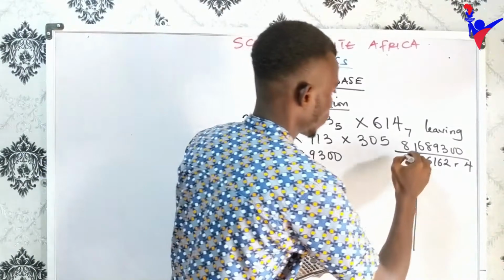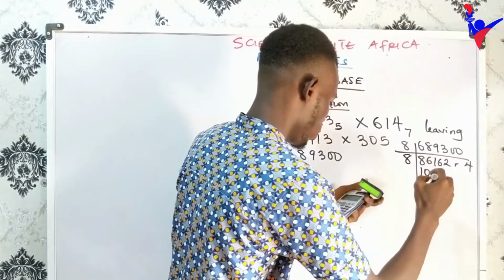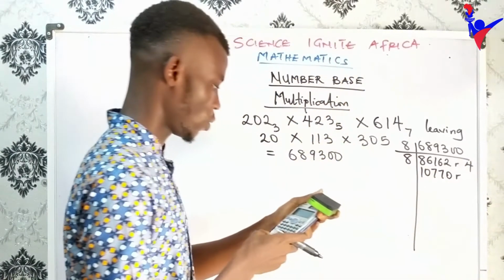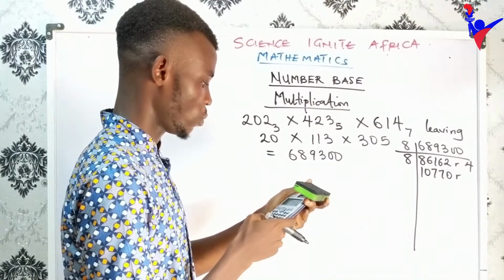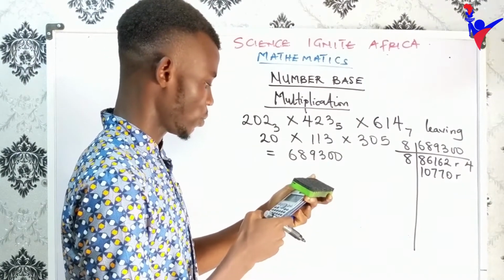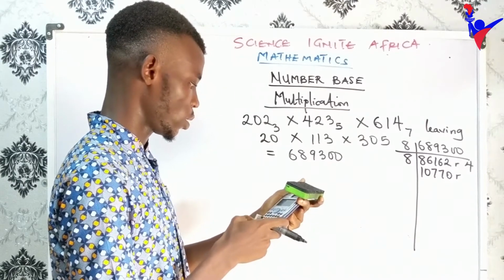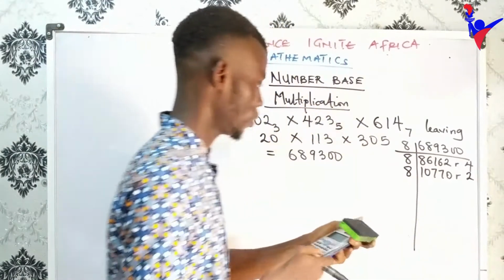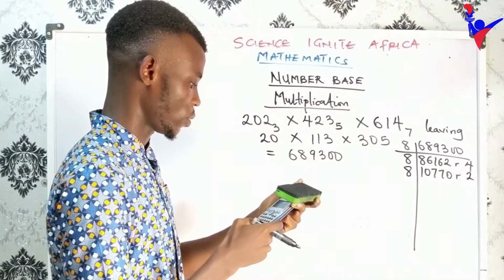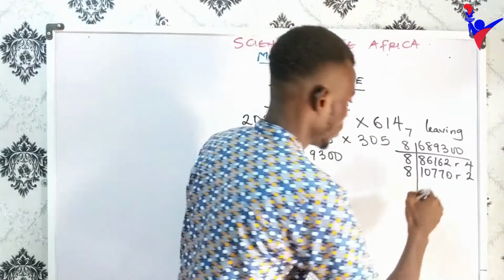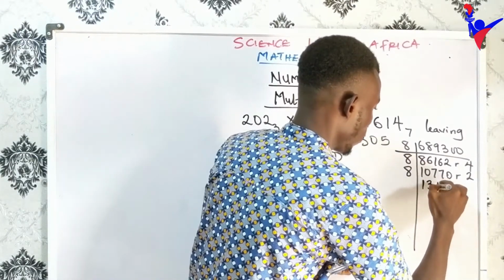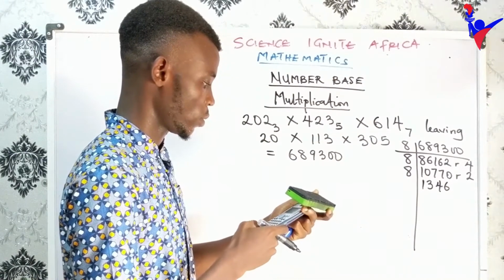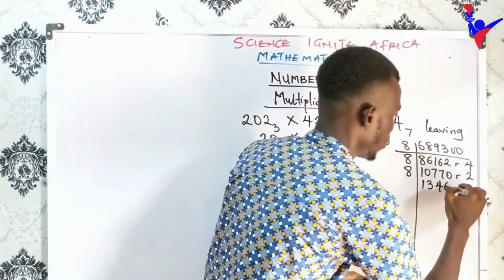We have 10770, remainder, 10770 multiplied by 8, minus 86162, that's remainder 2. Then let's go again. That is 1346. That was remainder 2.